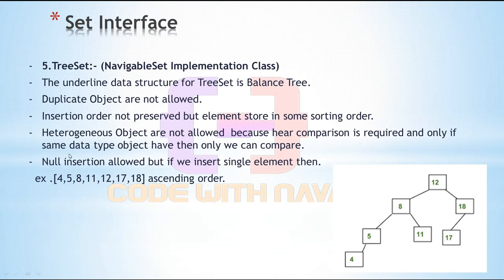Null insertion is allowed, but only if you insert a single element, because when we insert the first element, the comparison method is not called, since there is only one element. That's why there is no need to call the compare method.